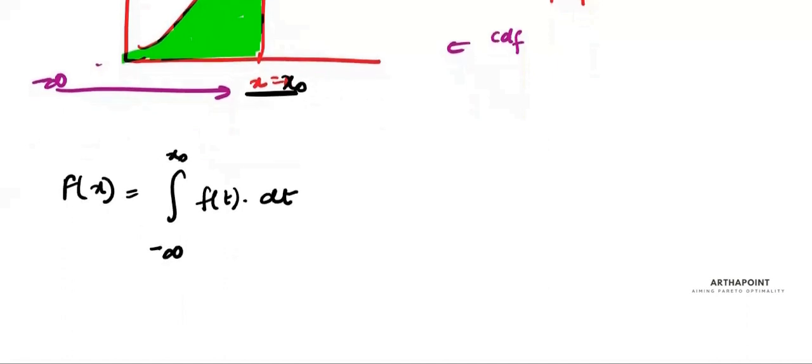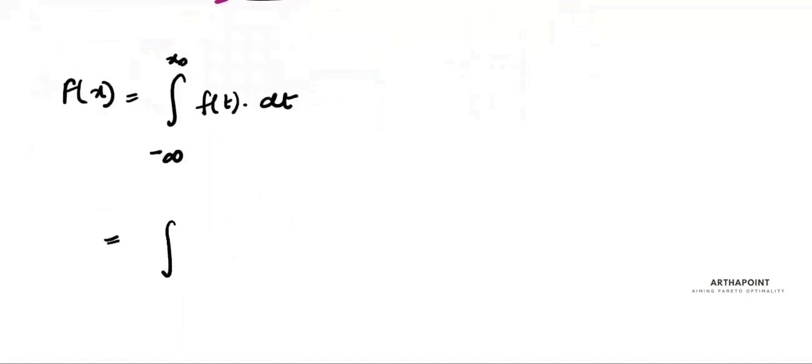But in my case, because the function is only defined between 0 to 3, I am simply going to integrate the function from 0 to 3, f of x dx. This is all that I can do. Because my function is only defined from 0 to 3, this is how my function is defined.